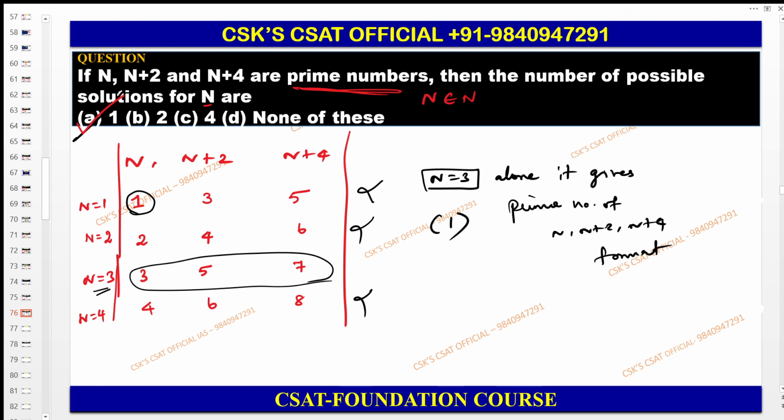A lot of things are there to cover in the chapter called number system. It's quite difficult to cover everything in 1 or 2 classes. So give some importance to number system. Weightage is more. Practice more.